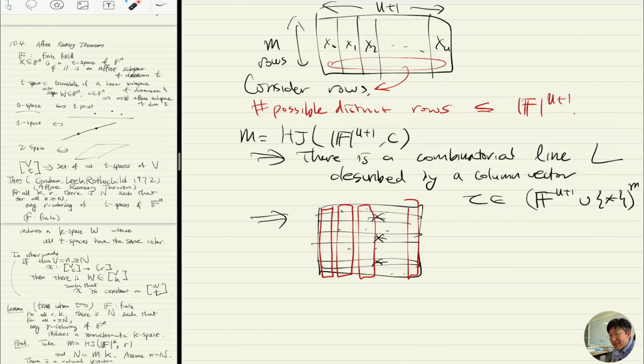And what are these set of matrices? Well, you have x1, x1, x1 here, and x2, x2, x2 here, etc. Until xu, xu, xu.